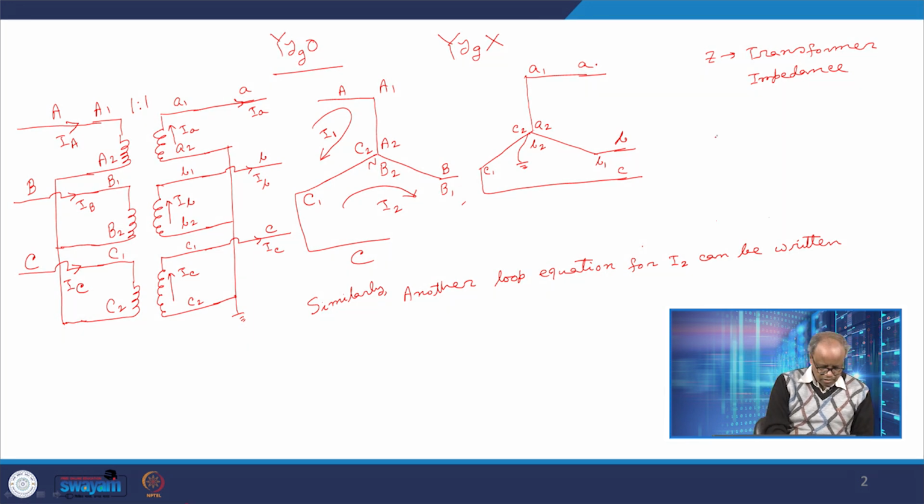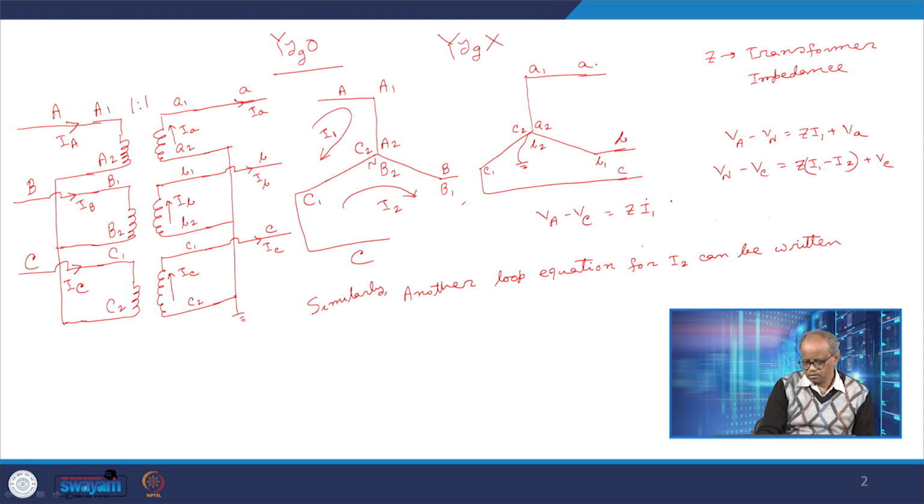From this I can write down that V A minus V N is equal to Z I 1 plus V A, and V N minus V C is equal to Z into I 1 minus I 2 plus V C. If I add them, what I get is V A minus V C is equal to minus Z I 1 plus V A plus Z into I 1 minus I 2 minus V C, because I am going in this direction.